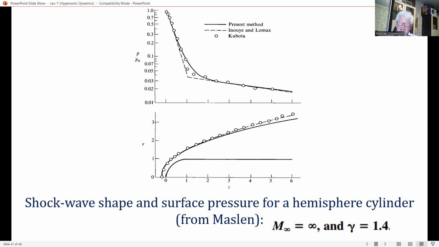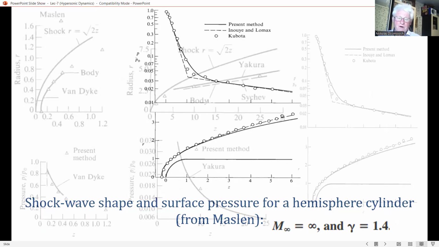Good agreement is obtained with the experimental data of Kubota. Also shown are the numerical results of Inouye and Lomax, based on the inverse blunt body solution, in our case iterated, and the method of characteristics. Again, Maslin's method gives a reasonable result.